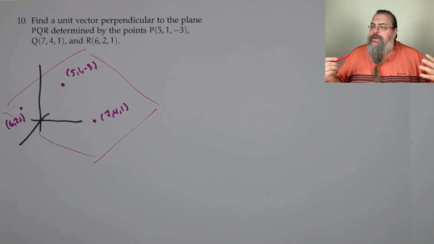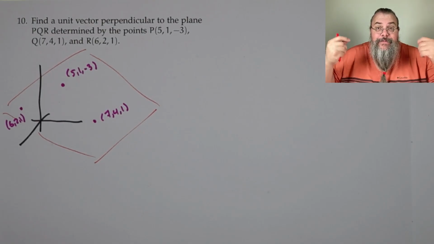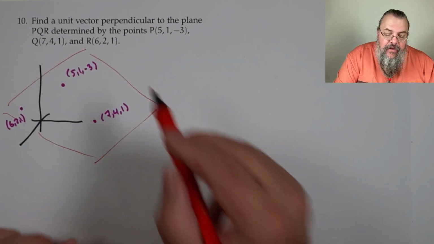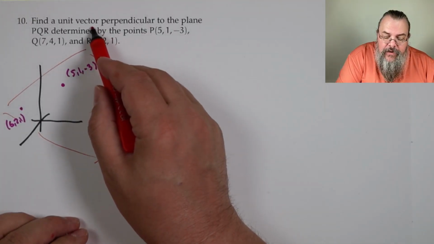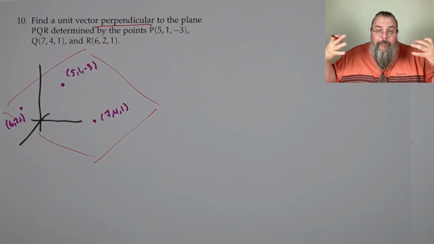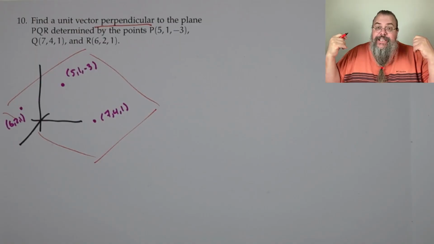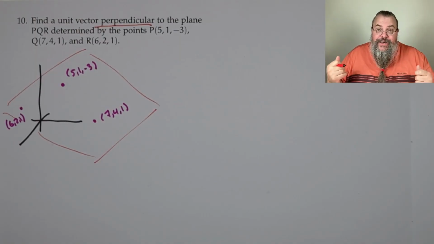And we say, okay, well, when we want to find something perpendicular, how does one make perpendicular? Because we're after a vector which is perpendicular, anytime you're asked to make a perpendicular vector, you should ask yourself the question, can I use a cross product?